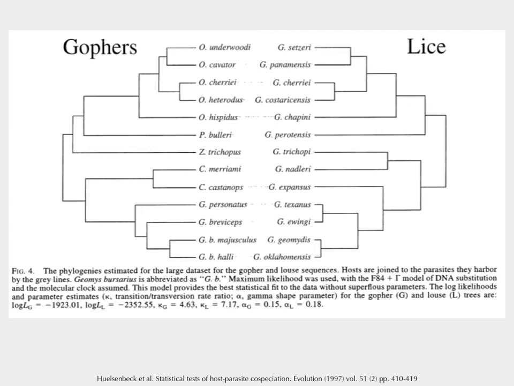Okay, what does the branch point mean on the gopher tree? Speciation, right. So one species becoming two.